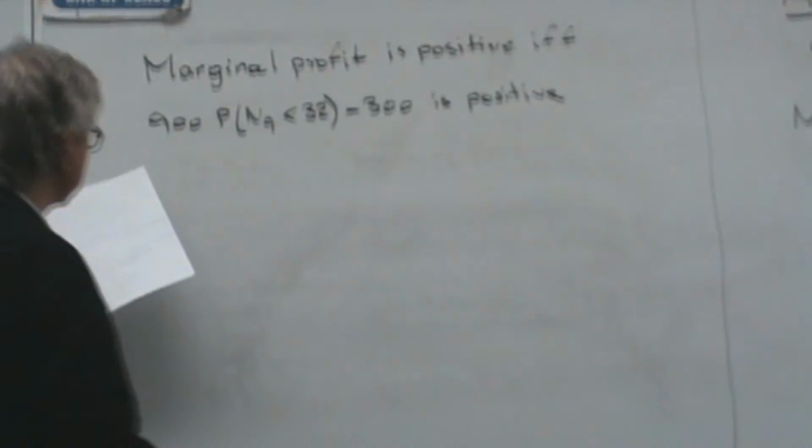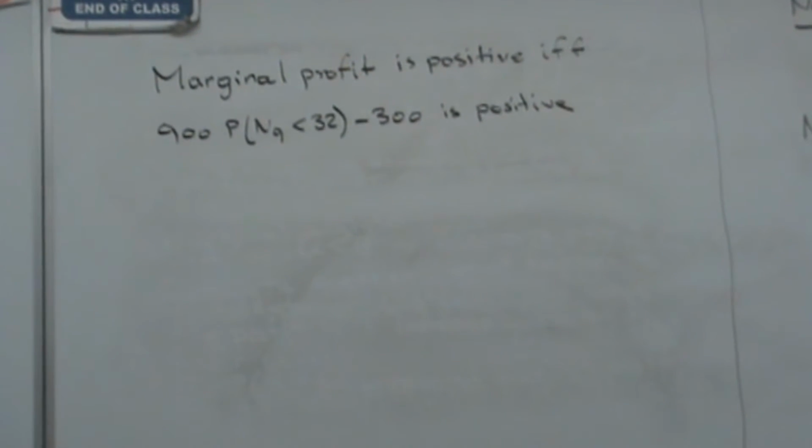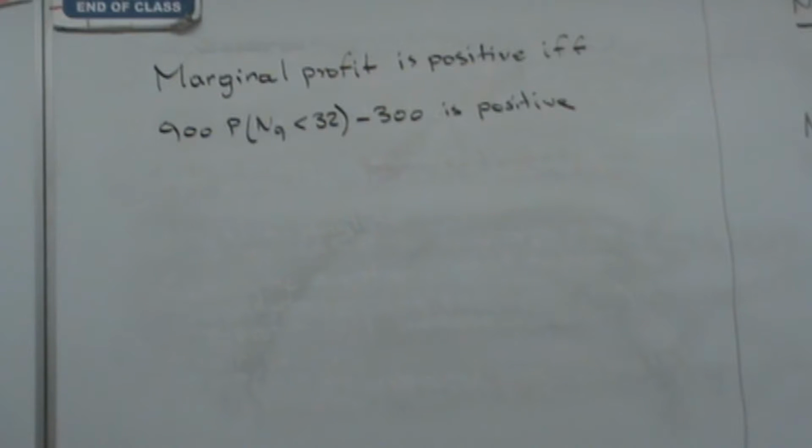So we check this expression, which is 900 times the probability that the number of customers who claim seats is less than 32, minus 300.